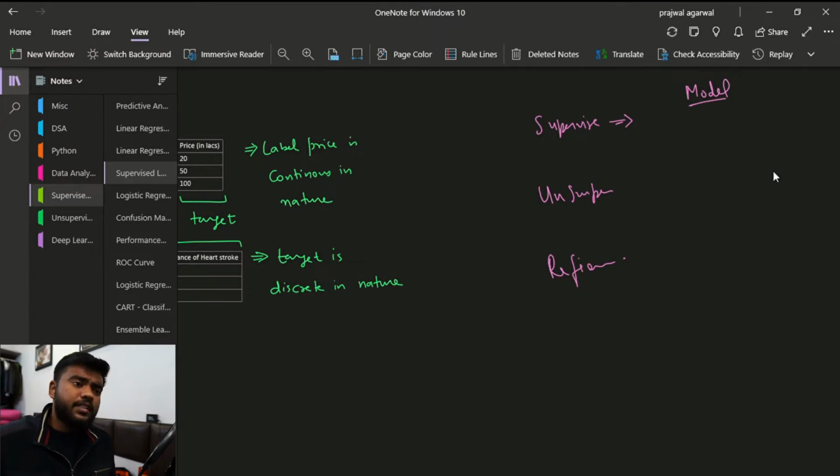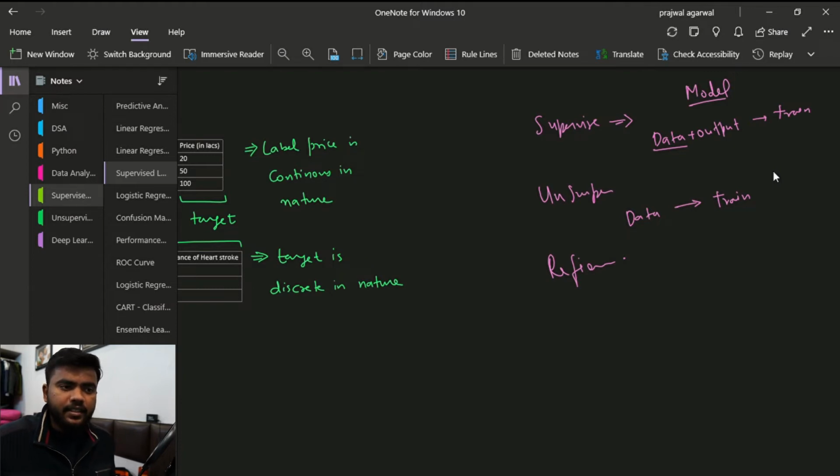In supervised learning, we have a historical data set and we are going to train our model on that particular data set. But the thing is, in supervised learning, we have data plus output, and we train our model on that. Whereas in unsupervised learning, we only have data. We do not have the output, and our model is required to learn itself about the output.